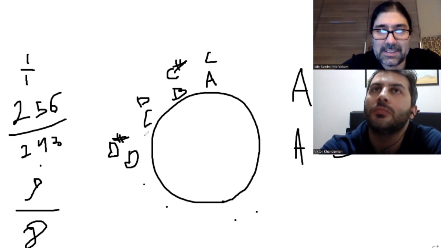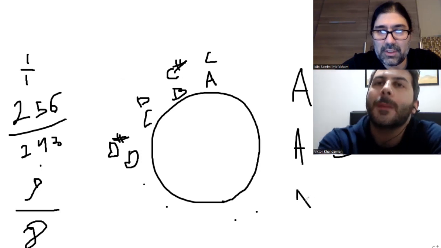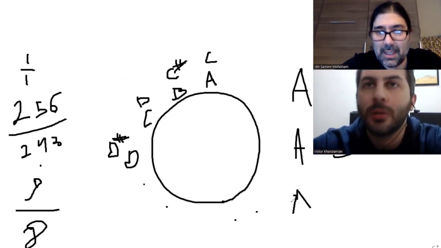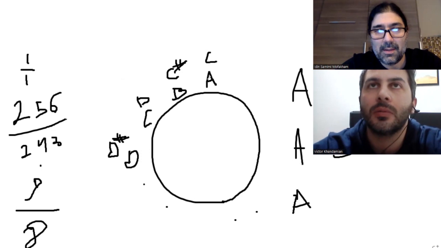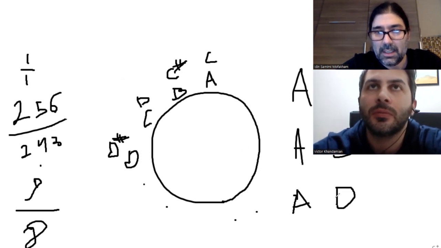Or if he has a scale with C and D sharp, which in the abjad system is A and D here, he makes this line here.